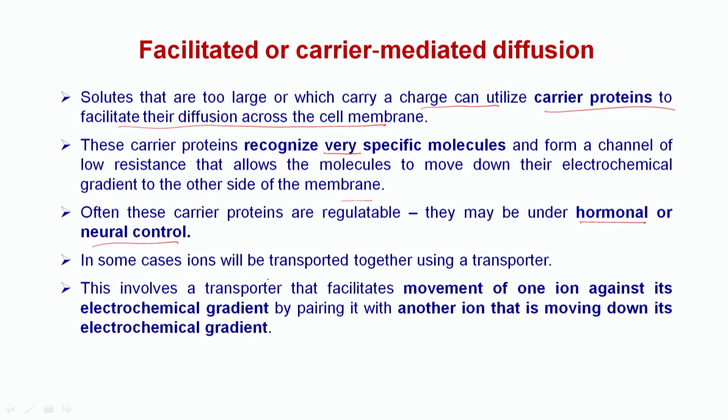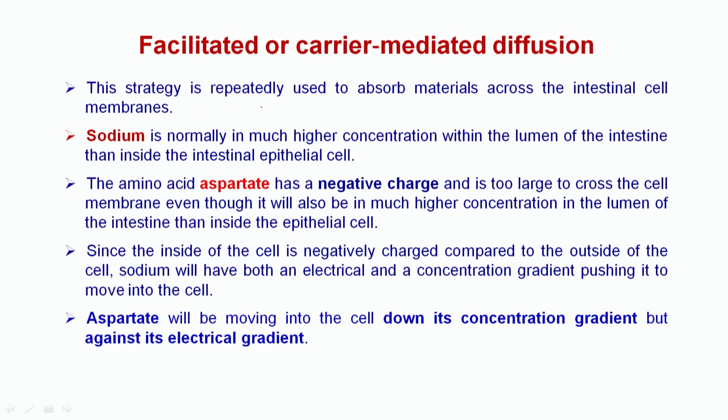In some cases, ions will be transported together using a transporter. This involves a transporter that facilitates the movement of one ion against its electrochemical gradient by pairing with another ion moving down its electrochemical gradient. This strategy is repeatedly used to absorb the material across the intestinal cell membrane.